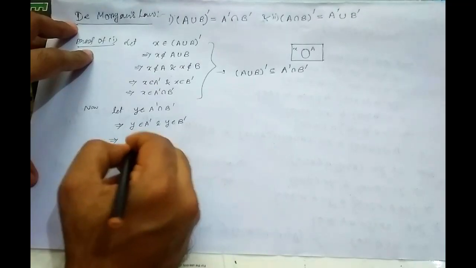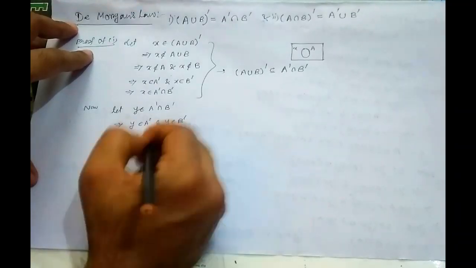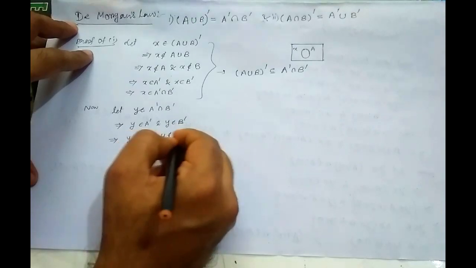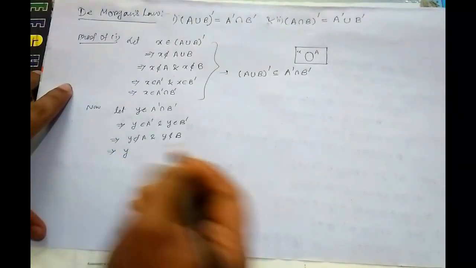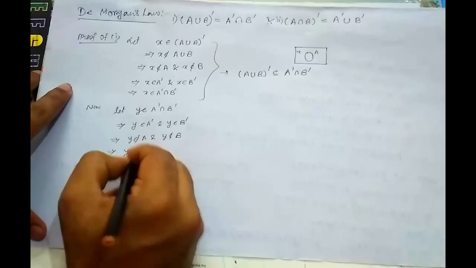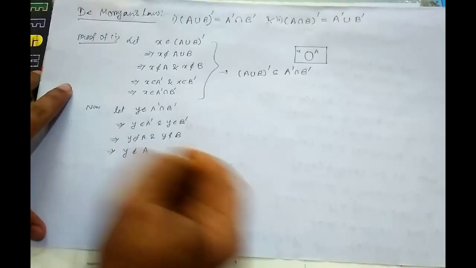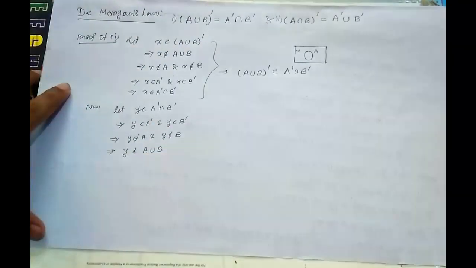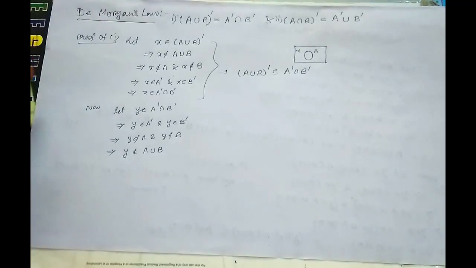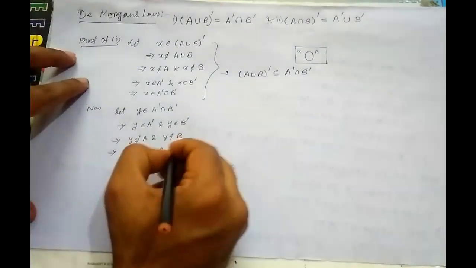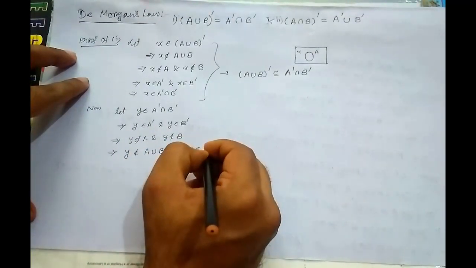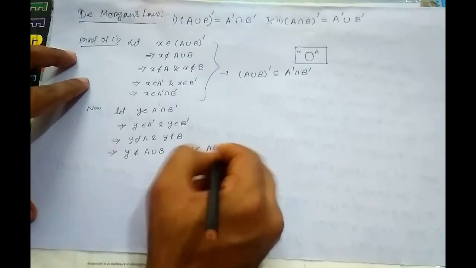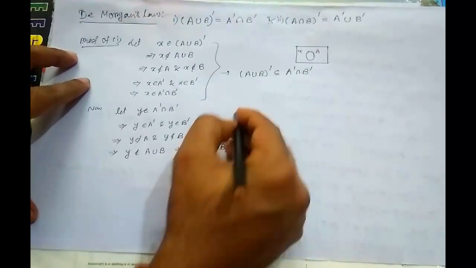Now this implies Y does not belong to A and Y does not belong to B. So this means that Y does not belong to A union B. Okay, so this implies Y belongs to the complement of A union B.